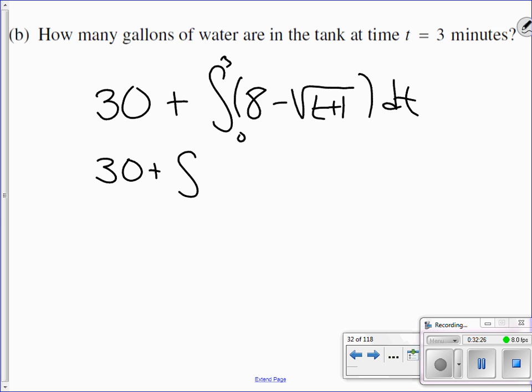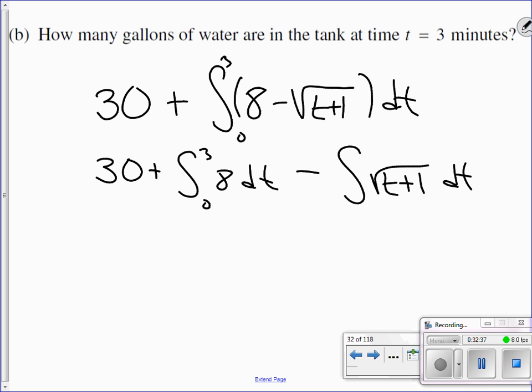The only thing I have to really do is integrate the 8 from 0 to 3, because you can break this up. We've already integrated the square root of t plus 1 from 0 to 3. We just did that. We got 14/3, right? So we have the 30, and this is just going to be minus 14/3.